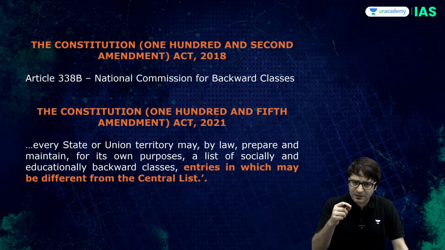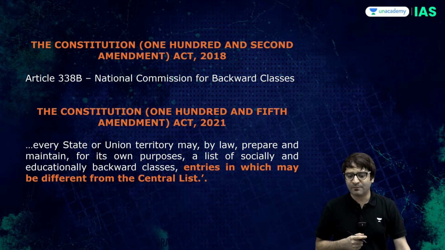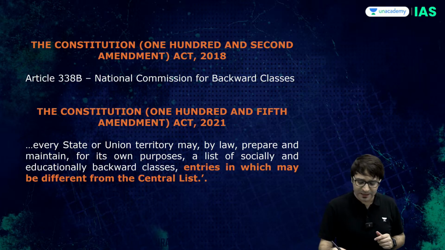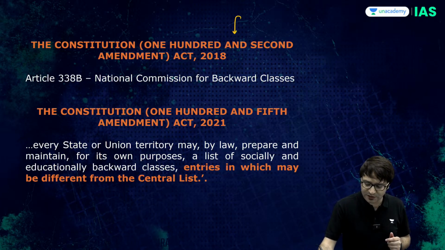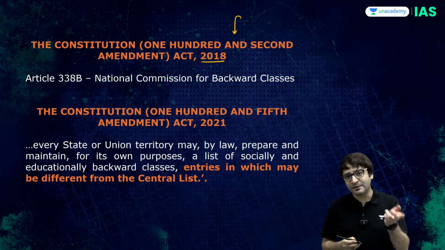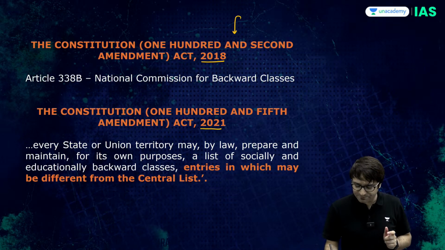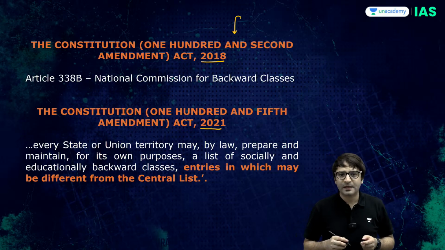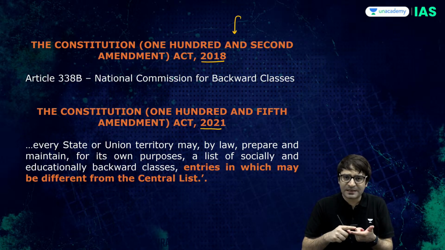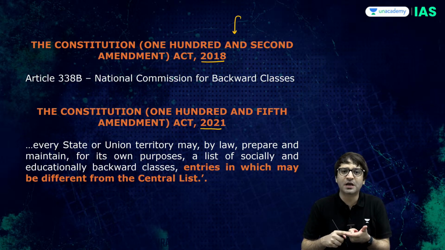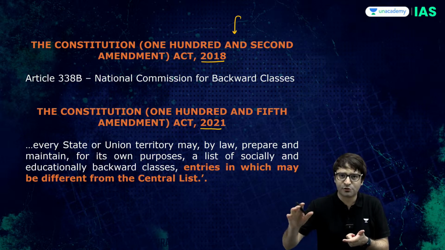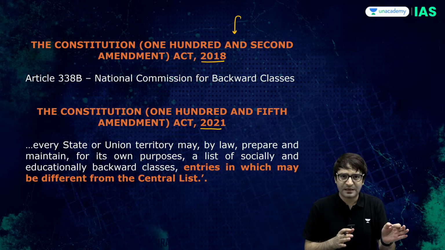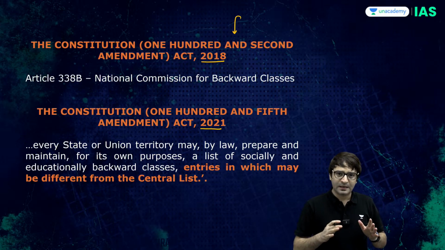And this is where we will club the two constitutional amendments. Instead of talking about 105th, I will first talk about the 102nd Constitutional Amendment Act 2018, and then we will discuss the 105th Constitutional Amendment Act 2021, and I'll tell you the reason. We had the National Commission for Scheduled Castes as a constitutional body, and the National Commission for the Scheduled Tribes as a constitutional body.